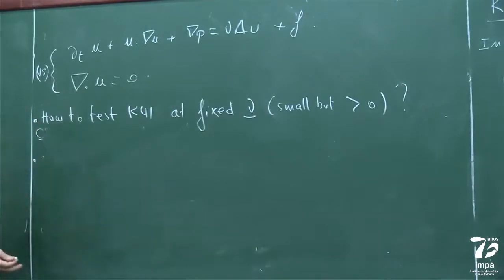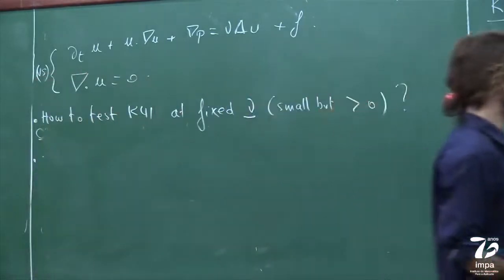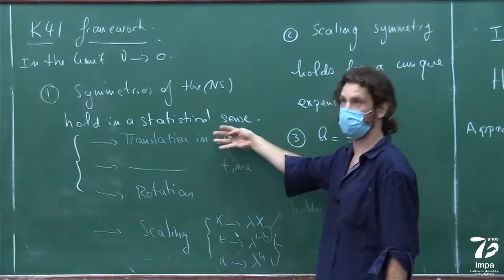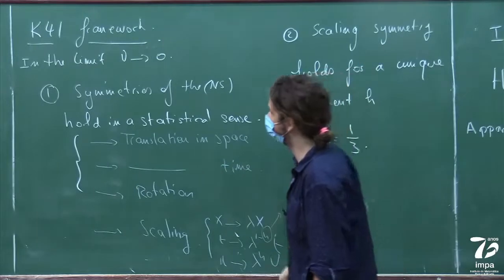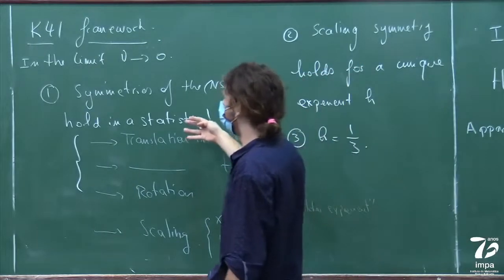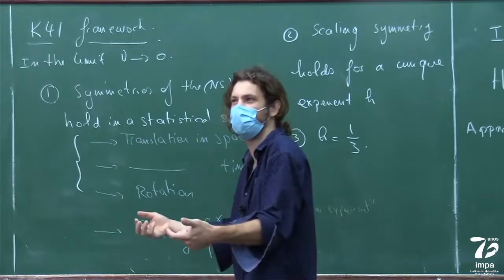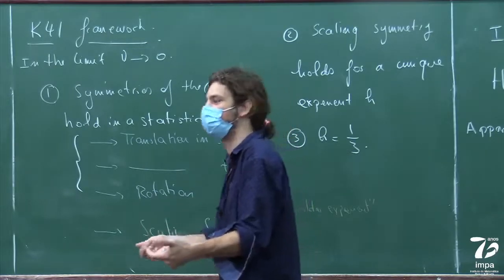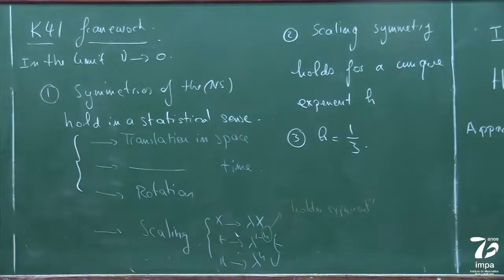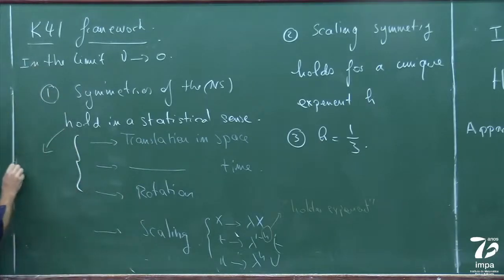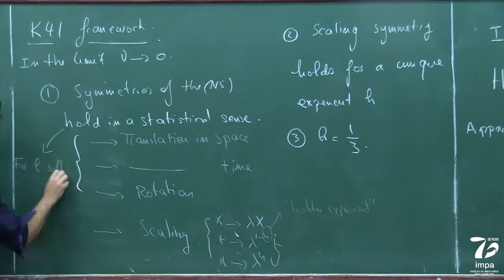And a related question, related to the formulation of the K41 framework, is that the symmetries are supposed to hold only for l sufficiently small.